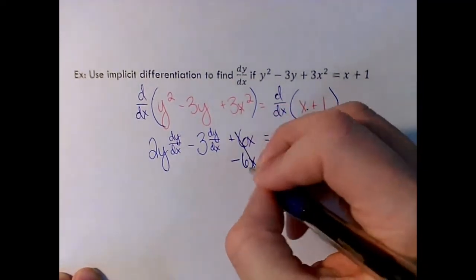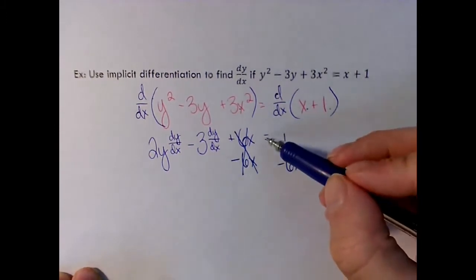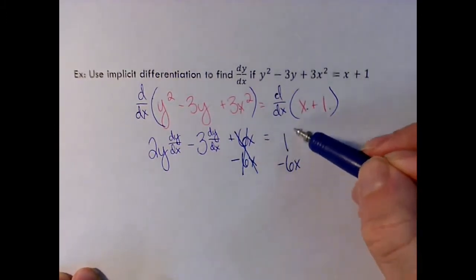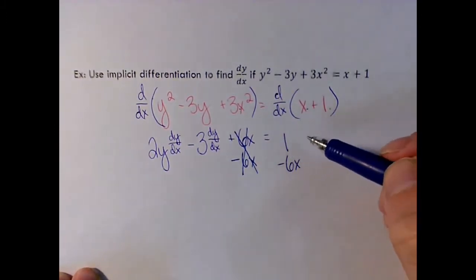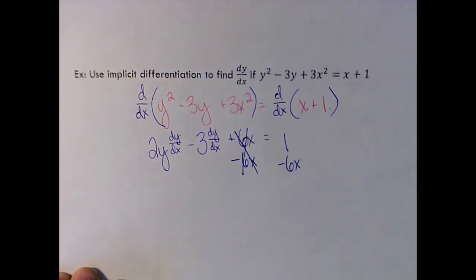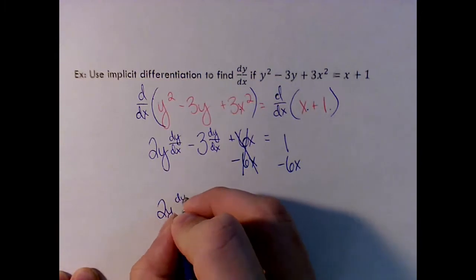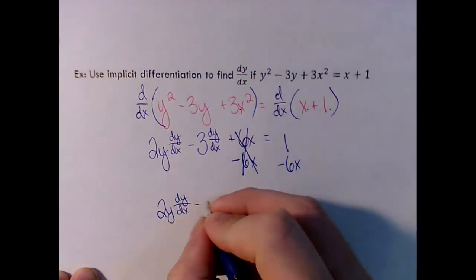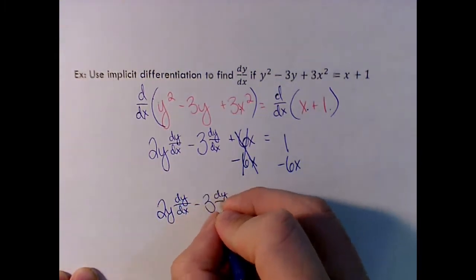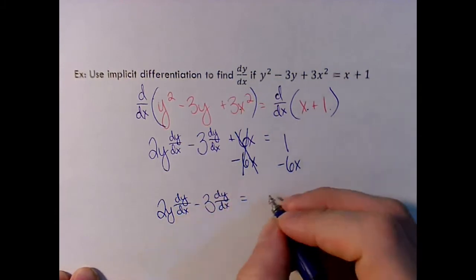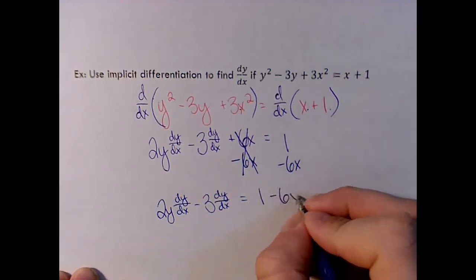Now I'm going to go to the right side of the equal sign. That has no attachments, so I'm going to keep it on the right. So now what I'm going to write out is 2y dy/dx minus 3 dy/dx equals 1 minus 6x.